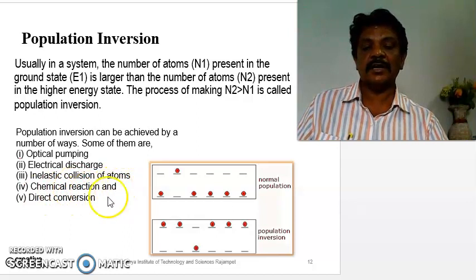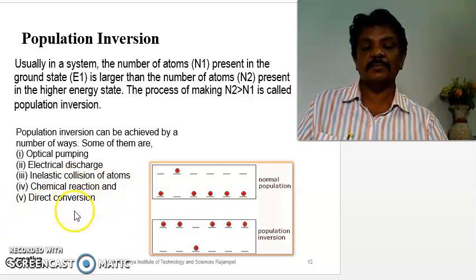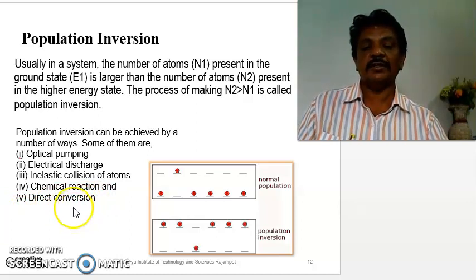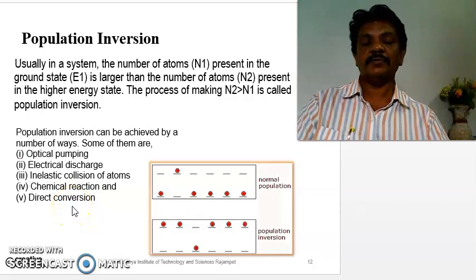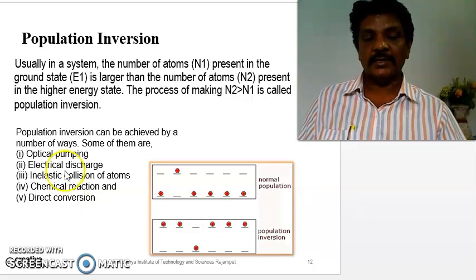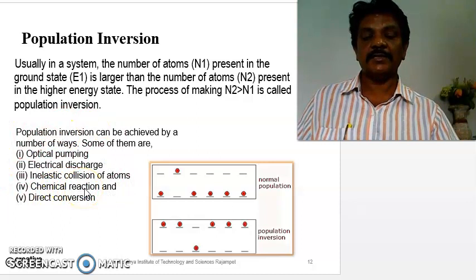The next one is direct conversion, where by heating or any method we can convert electrons from lower energy to higher energy. These various population inversion conditions are obtained by absorption of various types of energies.